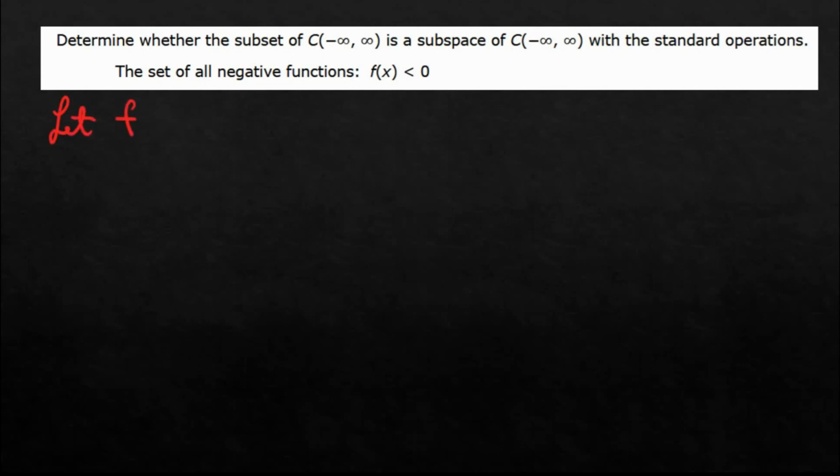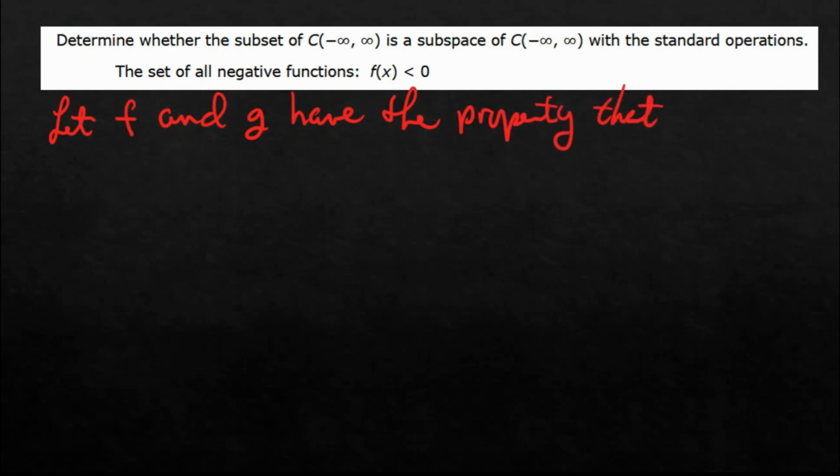So here let f and g have the property that f is less than 0 and g is less than 0 for all x that's real.